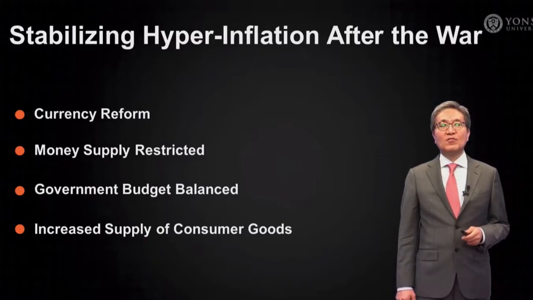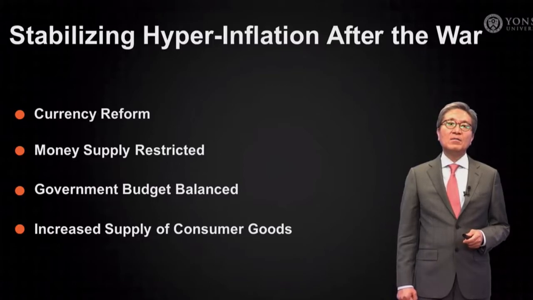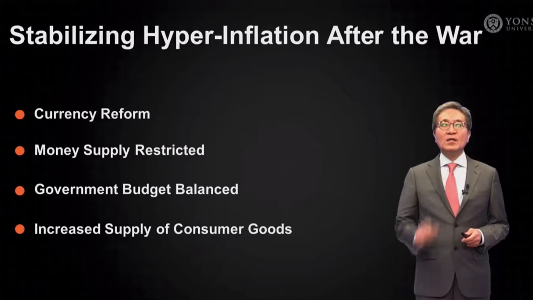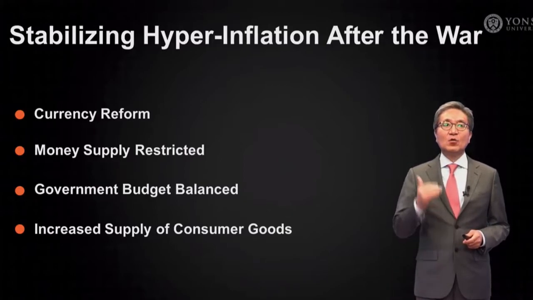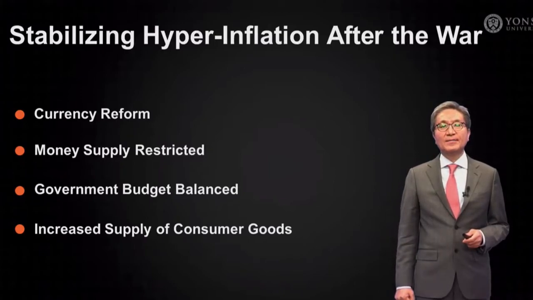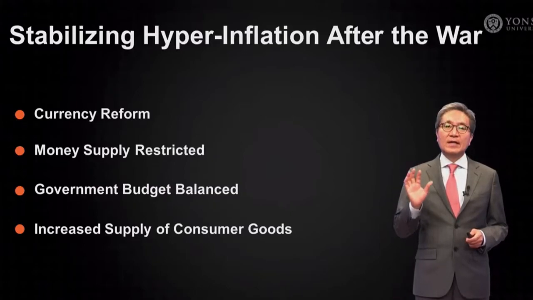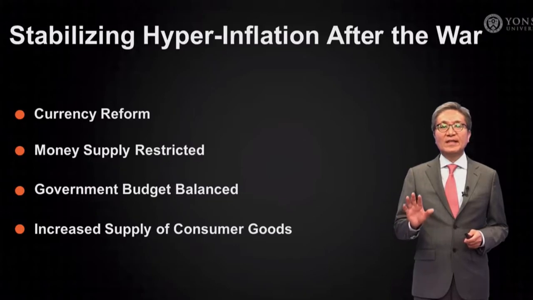After they introduced currency reform, money supply was restricted. And you have to keep the government budget balanced in order to restrict money supply. Actually, when you print too much money, it was mostly because your government budget was in deficit.